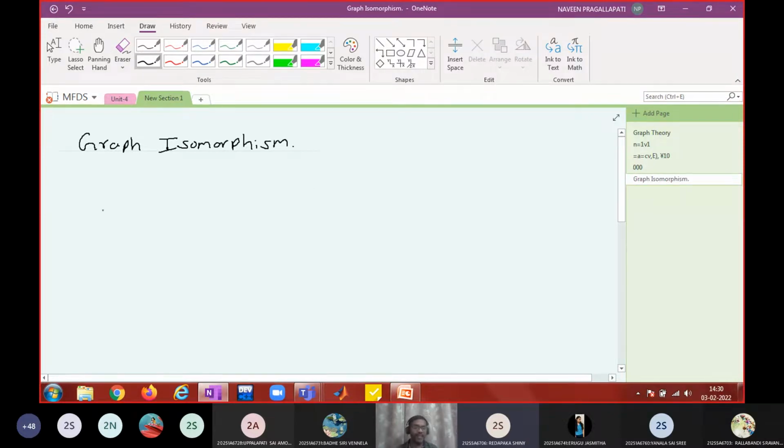Graph isomorphism. Let us say you have a graph G, let us say V comma E. Let us say you have another graph, G dash, V dash comma E dash. These are two graphs.